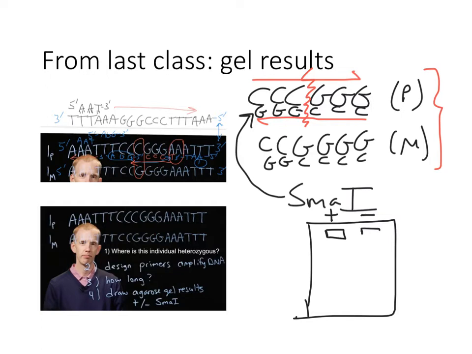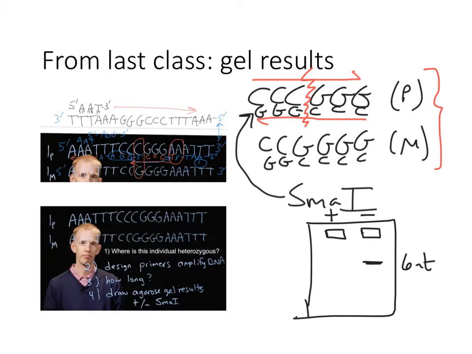So if you don't add this enzyme, what band size do we have? If you don't add the enzyme? Right, minus, no enzyme. The fragments are 6 nucleotides long, so we'll have one band that's 6 nucleotides. Because we haven't added the enzyme, nothing gets cut.